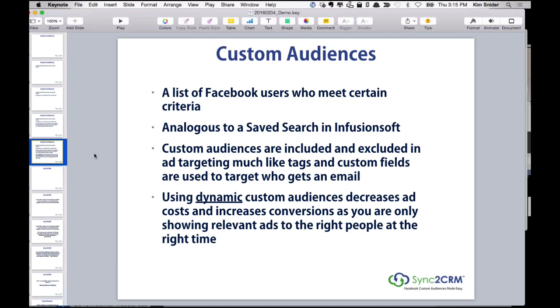If you suddenly do meet it, you suddenly are in the custom audience. That's what I mean by a dynamic custom audience. By having the ability to create dynamic custom audiences, that does a couple of things. It decreases our ad costs and it increases our conversions, because now by using these dynamic custom audiences, you're only showing relevant ads to the right people at the right time.